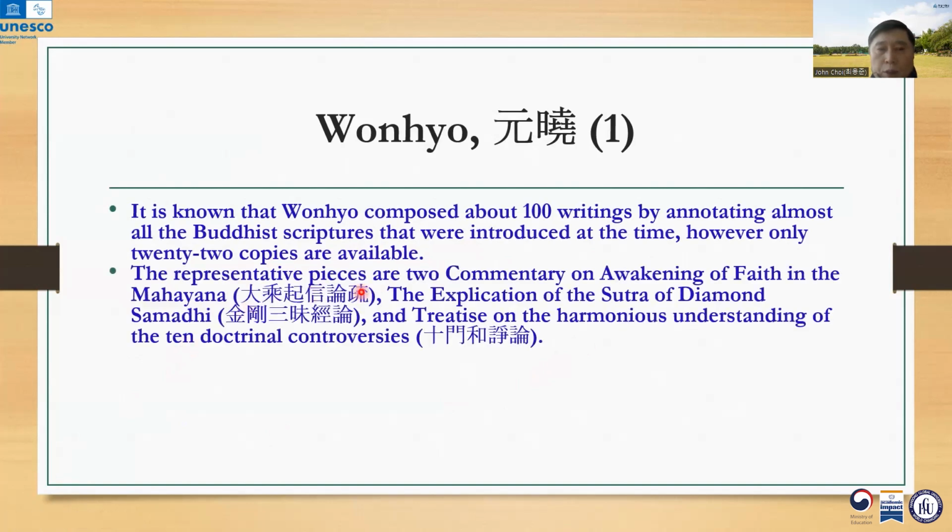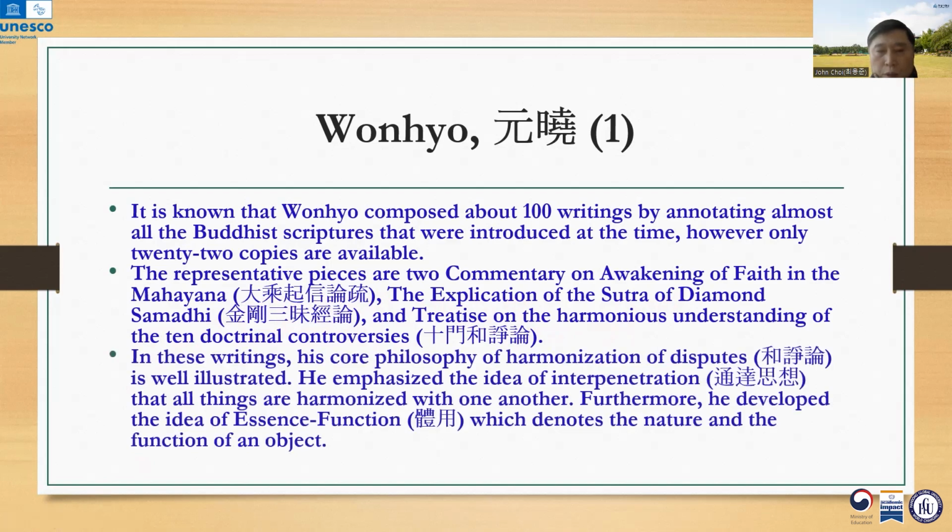The representative pieces are the two commentaries on the Awakening of Faith in the Mahayana, in Korean 대승기신론소, the explication of the Sutra of Diamond Samadhi, 금강삼매경론, and the treatise on the harmonious understanding of the ten doctrinal controversies, 십문화쟁론.